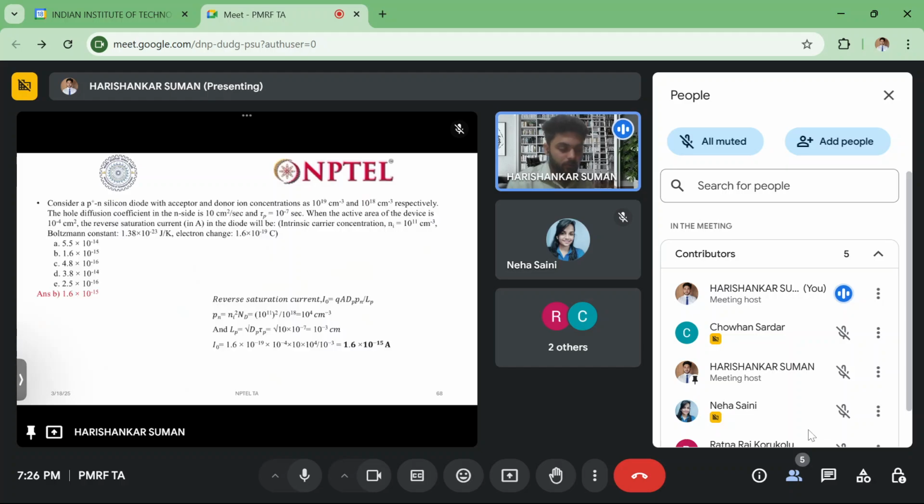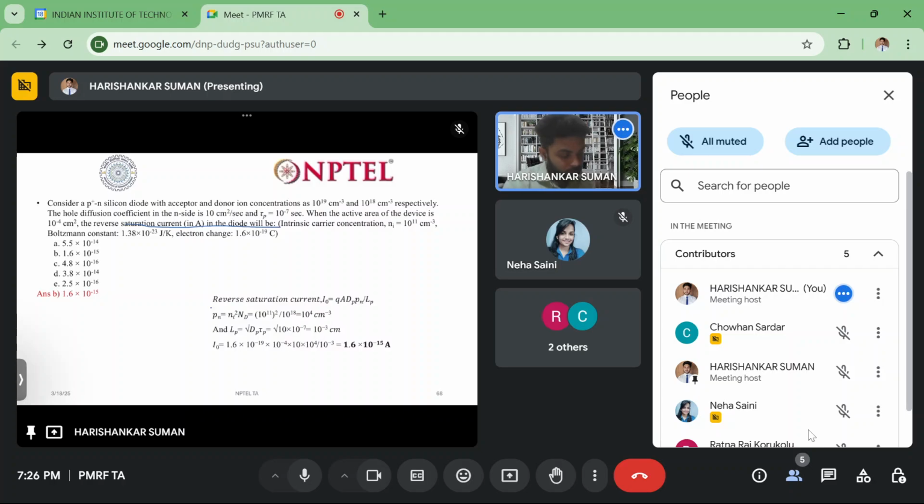Next, let's move to the next question. Consider a highly doped P-N silicon diode with acceptor and donor concentrations given respectively. The hole diffusion coefficient on the N side is given, and lifetime is also given. When the active area of the device is 10 to the power minus 4 centimeters square, the reverse saturation current is asked.